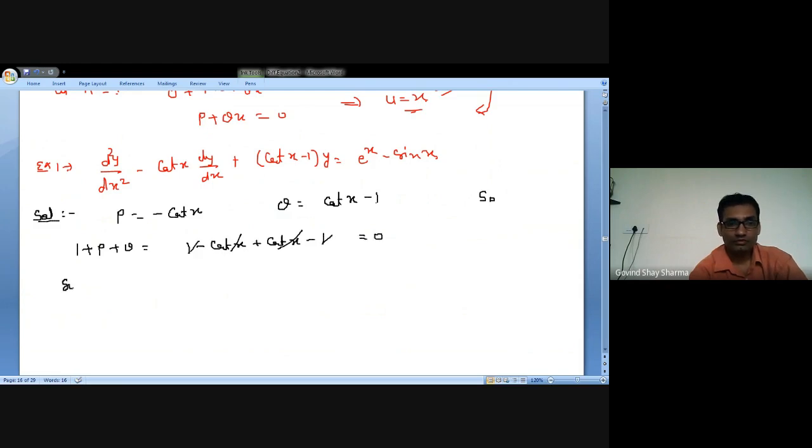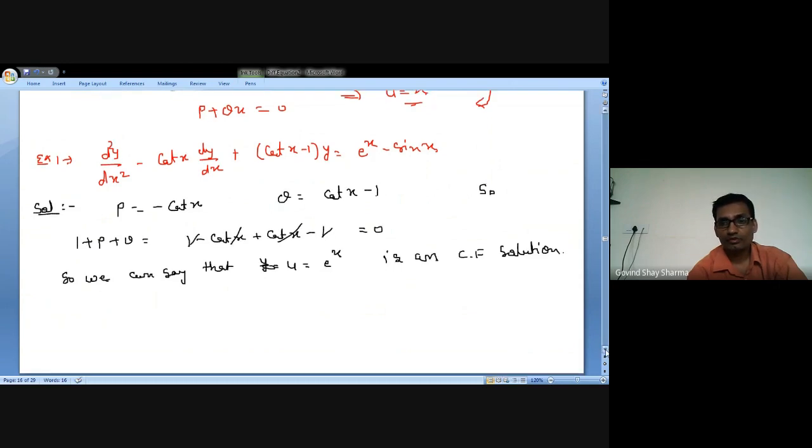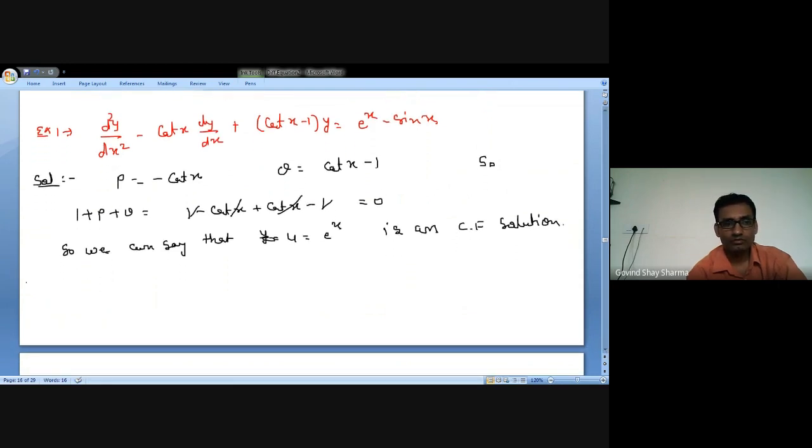So we can say that y equals u equals e to the power x is a solution of CF. Now we consider y equals uv is the complete solution.